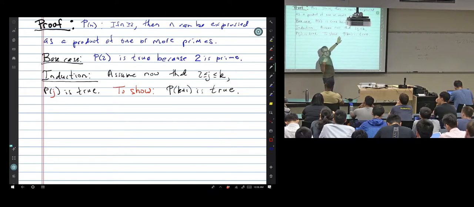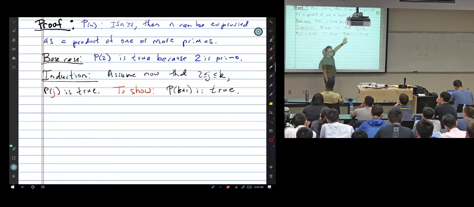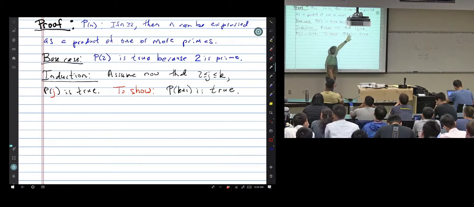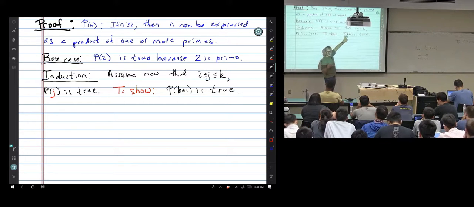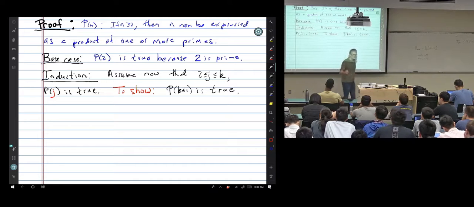Knowing that 10 can be written as a product of primes, how does that help me with 11? Not a lot of help. If this were 18, the previous one would be 17. Just knowing that 17 is a prime doesn't help me to factor 18, you see? But if I reach back, you'll see what happens.